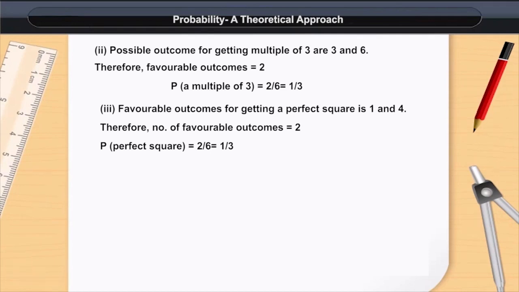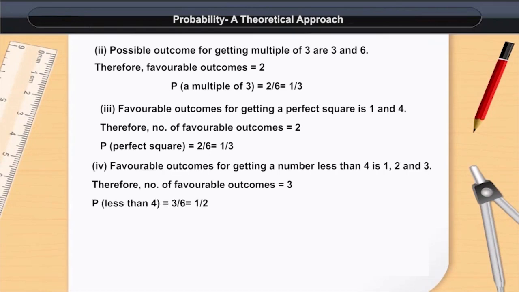Favorable outcomes for getting a perfect square are 1 and 4. Therefore, the number of favorable outcomes is equal to 2. P(perfect square) is equal to 2 upon 6, is equal to 1 upon 3.